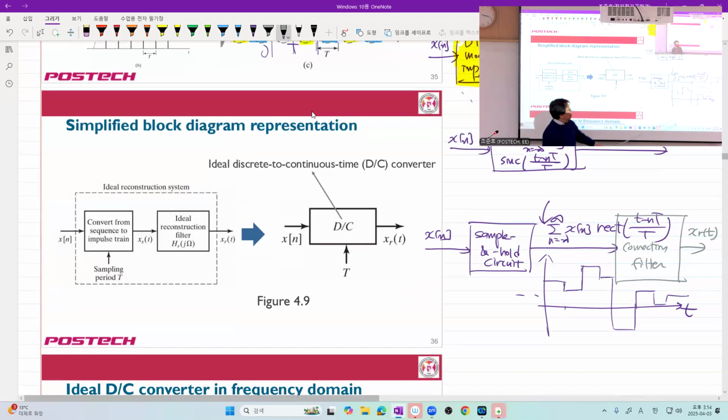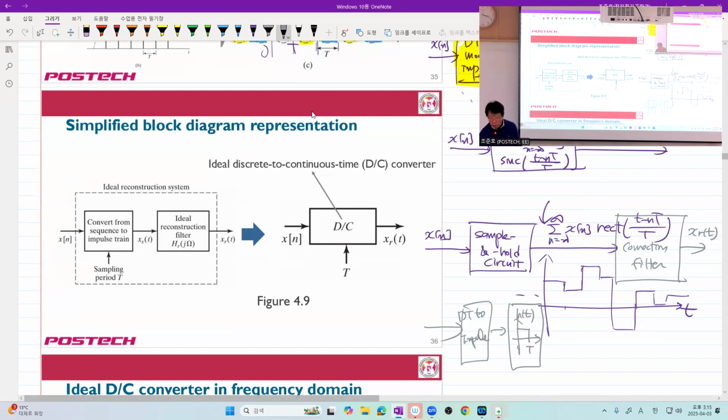Anybody has an idea about this filter? Think in the frequency domain. This can be viewed as a modulated impulse train, and here this one has impulse response of a rectangular pulse.